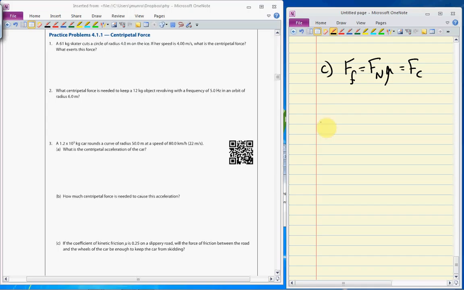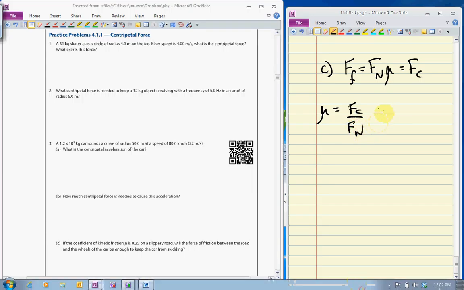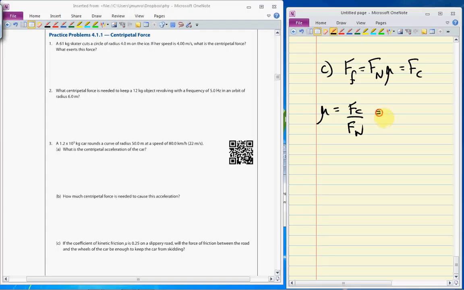So we can solve for mu as being equal to Fc over Fn, and we just plug our numbers in there then. I'm going to use the unrounded answer from part B and the unrounded answer from part A to get 0.99.